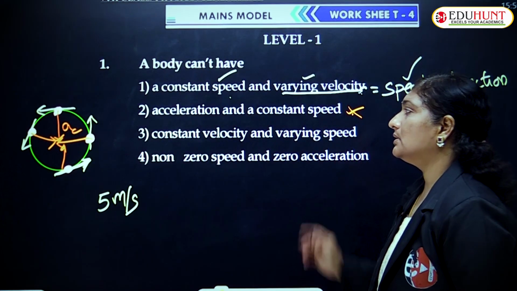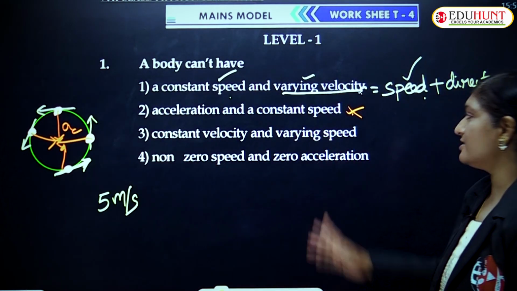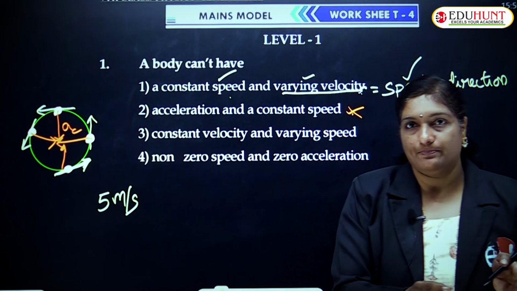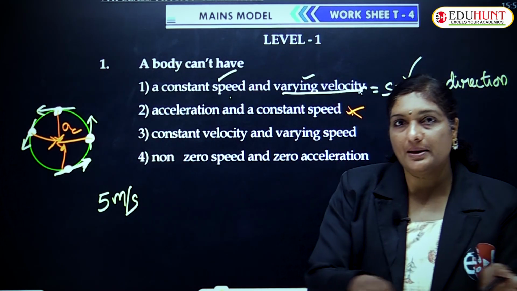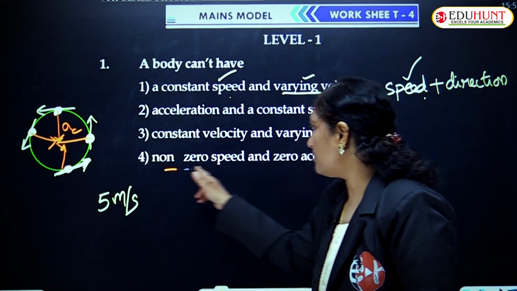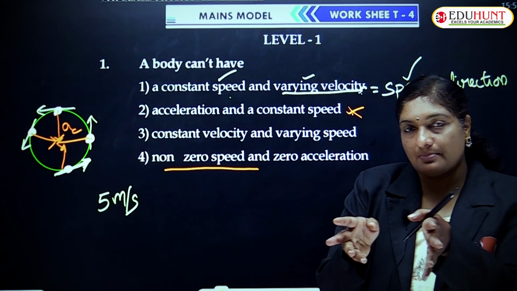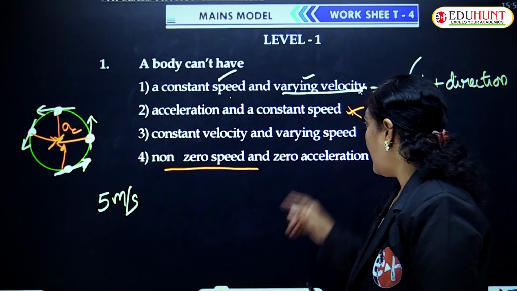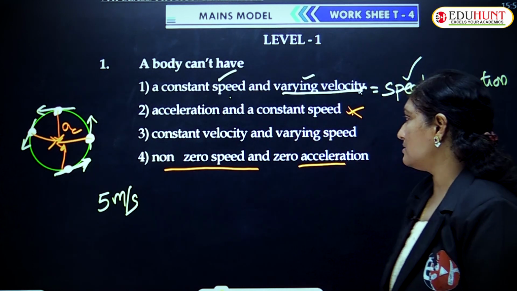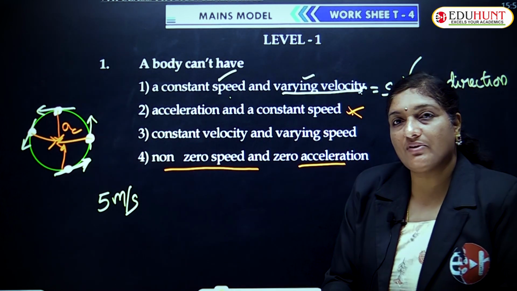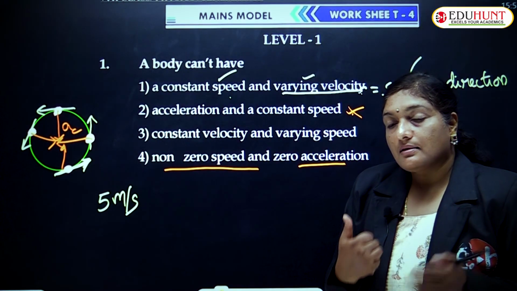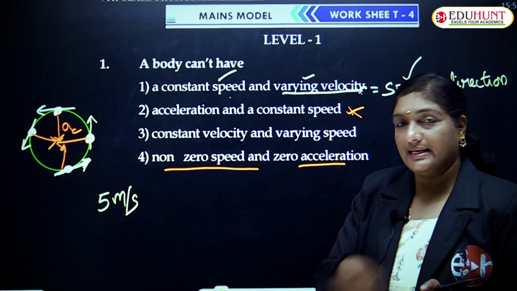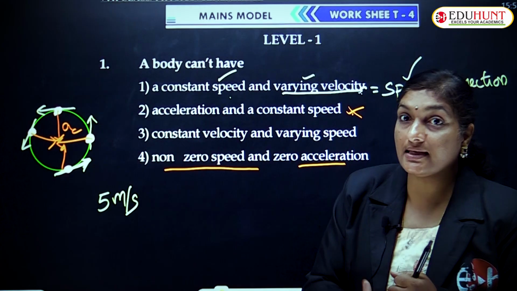Moving to the fourth example, non-zero speed and zero acceleration. Let us suppose that a body is moving uniformly with some speed. As long as the body is moving uniformly with some speed, non-zero speed, and zero acceleration. Zero acceleration means the body is moving with constant speed in a particular direction, constant speed and direction.